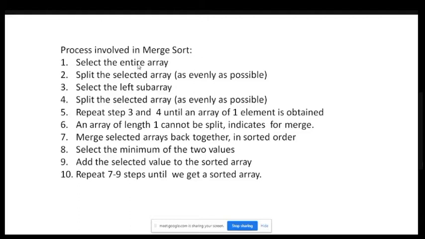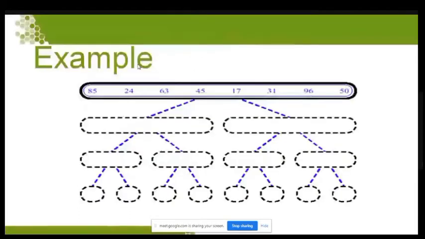Okay, so we will see a diagrammatic process of this merge sort with an example, so that it will be very clear with all these steps. Let us consider an example where we are given 8 elements: 85, 24, 63, 45, 17, 31, 96 and 50.